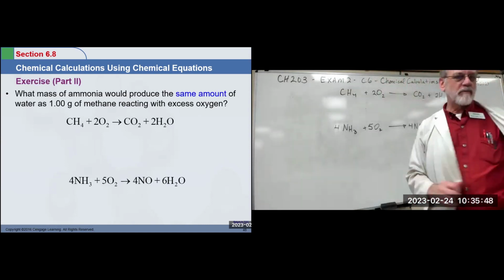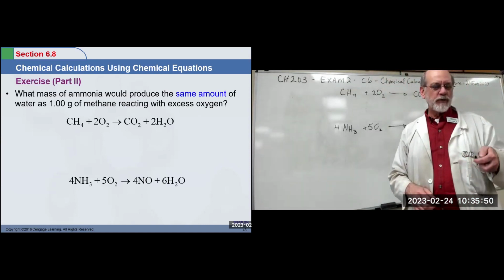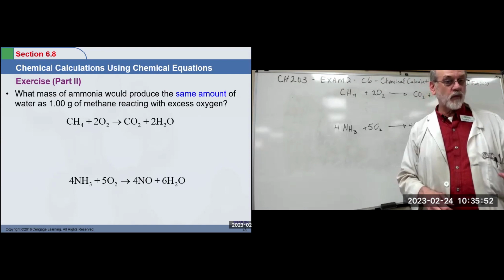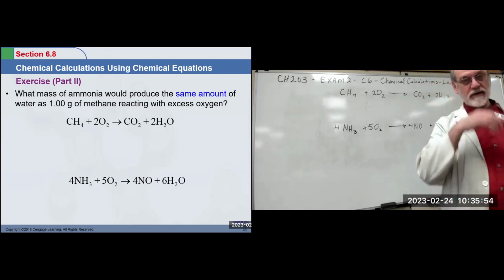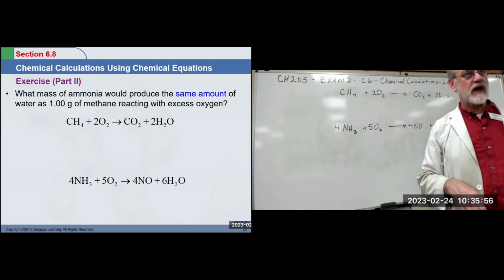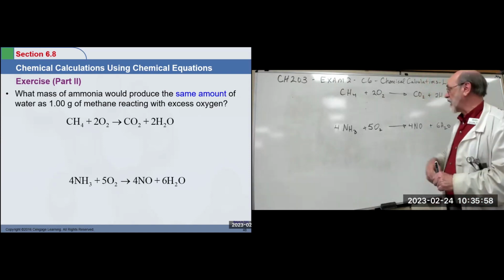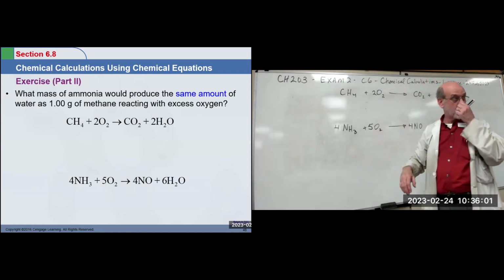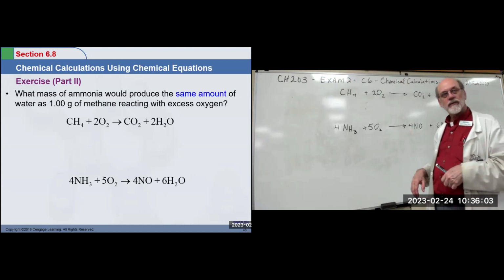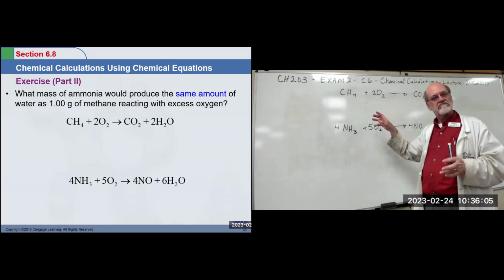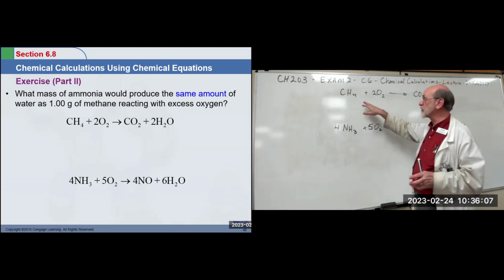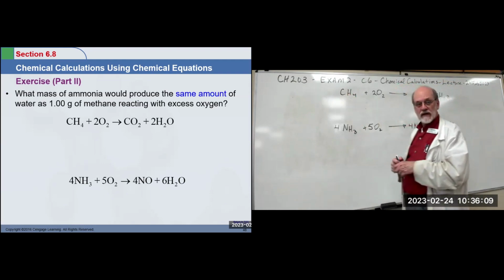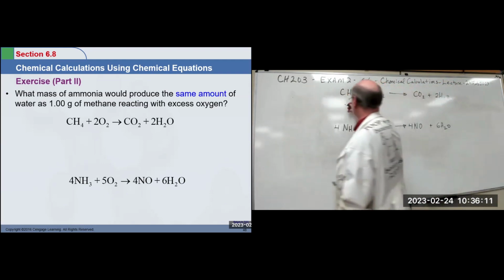Now the question is, what mass of ammonia would produce the same amount of water as 1 gram of methane reacting with excess oxygen? All right, so we got all the oxygen we need. We don't have to worry about that one. We'll use up all the oxygen that's available and consume everything that's given. 1 gram of methane.